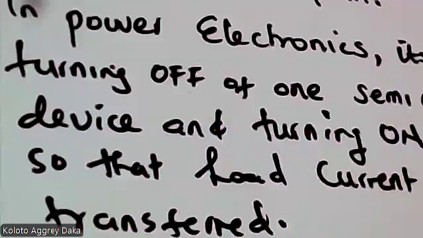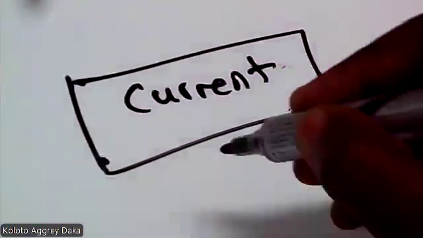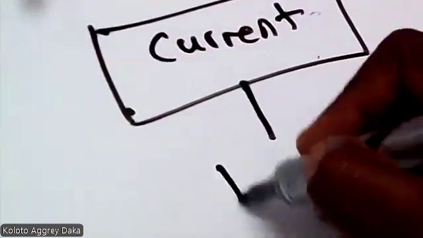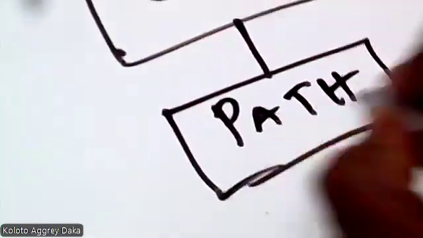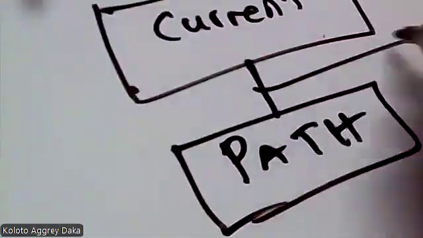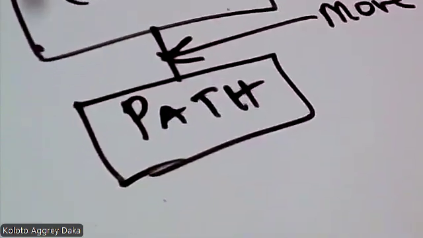So that is commutation. What exactly are we talking about? We have got current. For current to move, it needs a path. There must be a path.